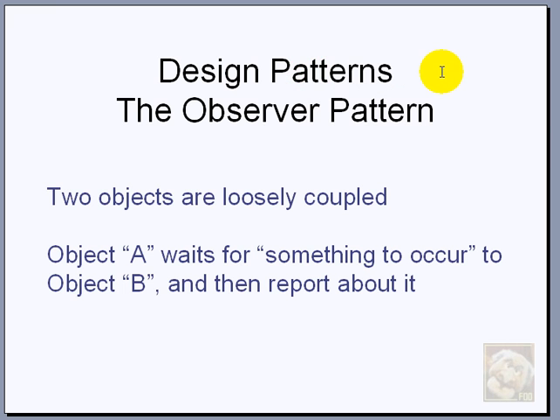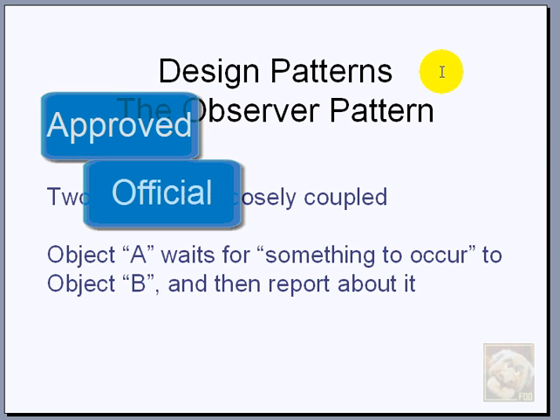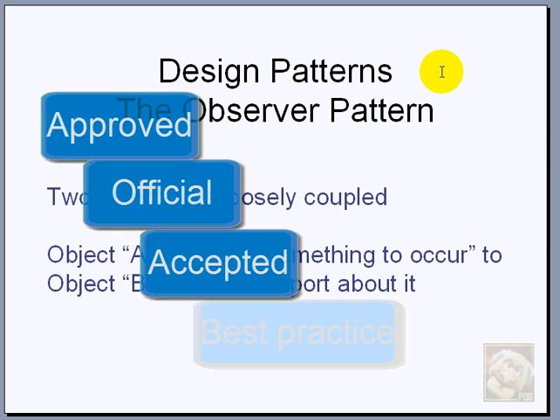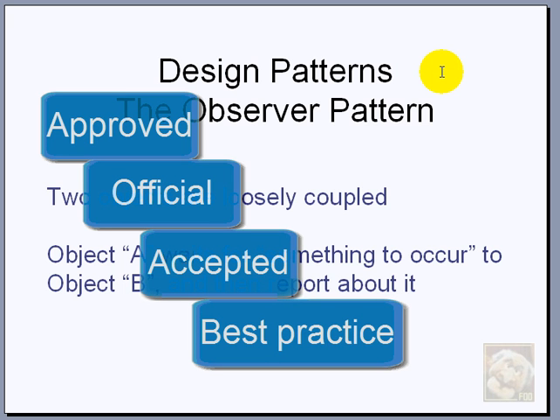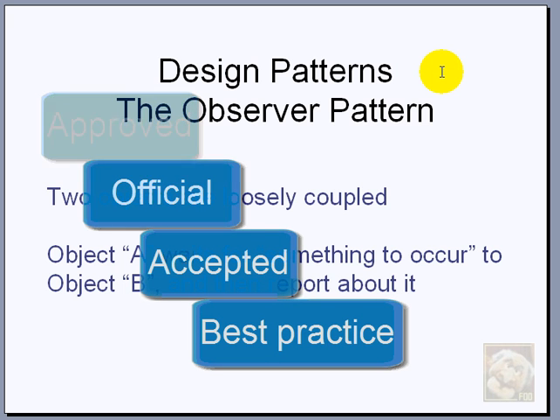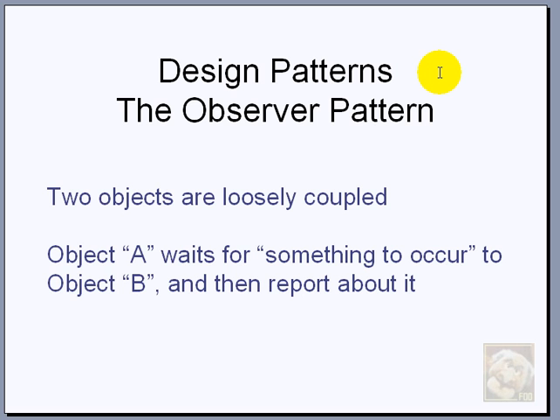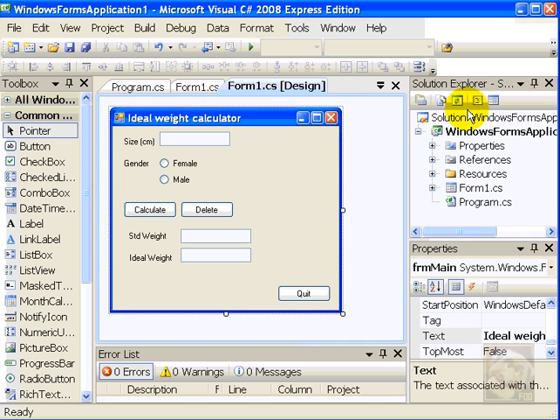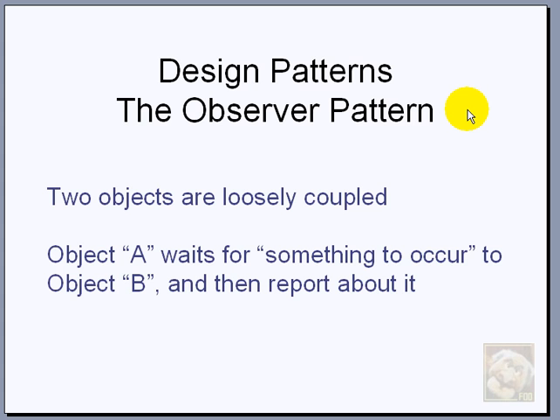A design pattern is nothing else than an approved, official, accepted best practice or way of programming something. Design patterns have names. The first one we'll go across will be the observer pattern. So please keep in mind, we want to press a button and have something actually happen.